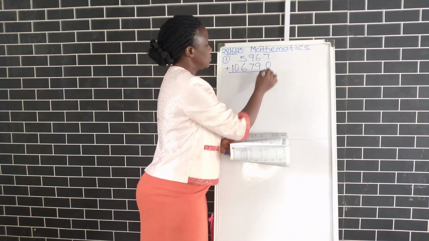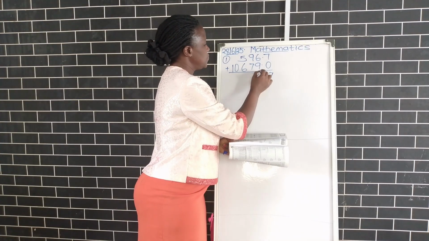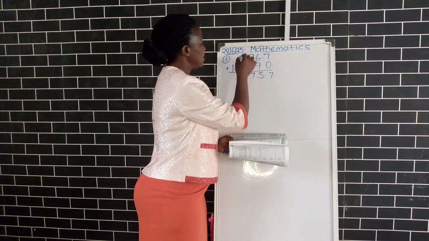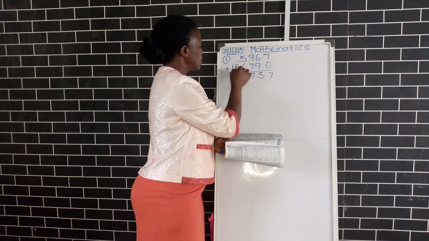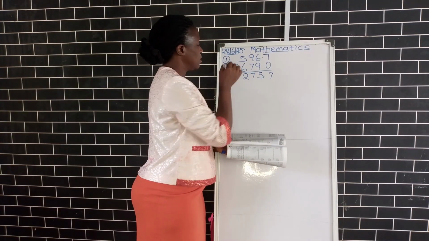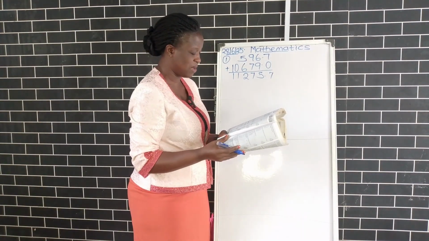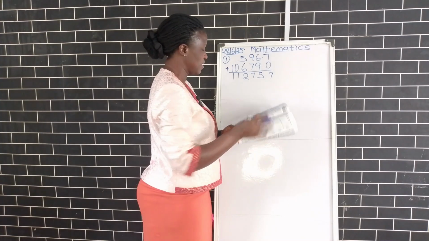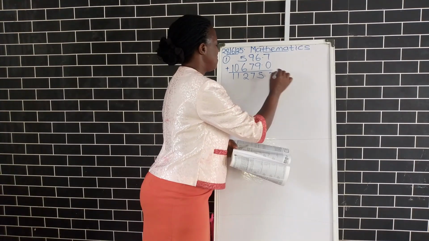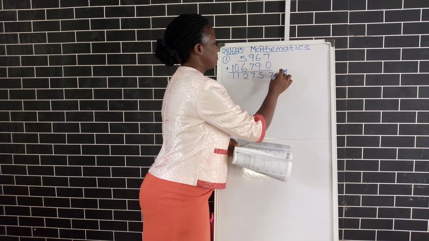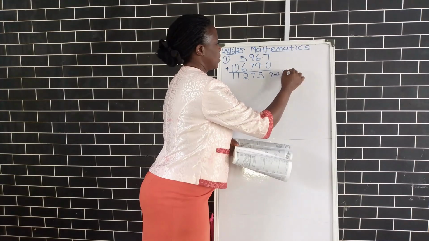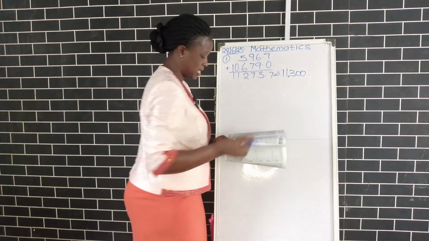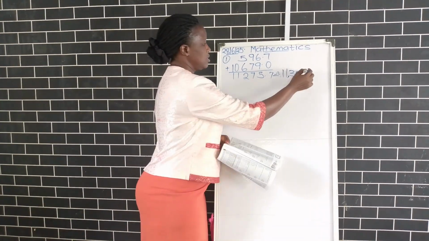So you have these together. This is 15, this is 17, this is 12, this is 1, and this is 1. But the question says we are to leave our answer in 3 significant figures. So we have it like, so that is our final answer.